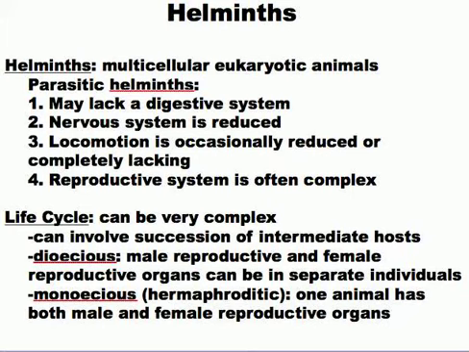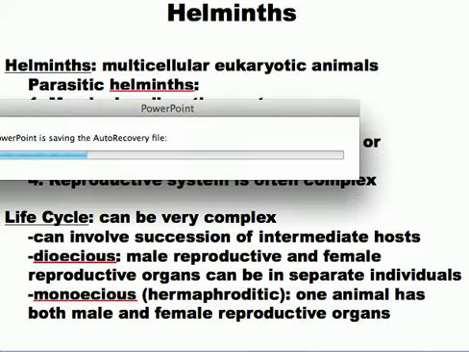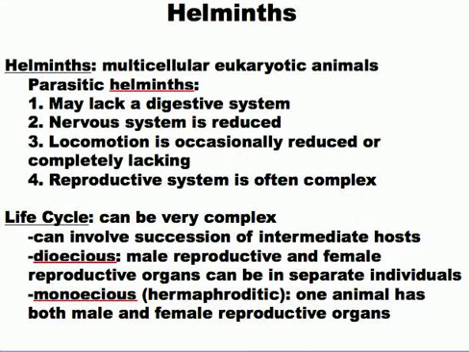Because their reproductive system is complex, they're going to have a very complex life cycle. This can involve a succession of intermediate hosts, two, three, four, sometimes more. An intermediate host is where the organism is undergoing asexual reproduction, and it will eventually get to the definitive host, and that's where it can reproduce sexually.